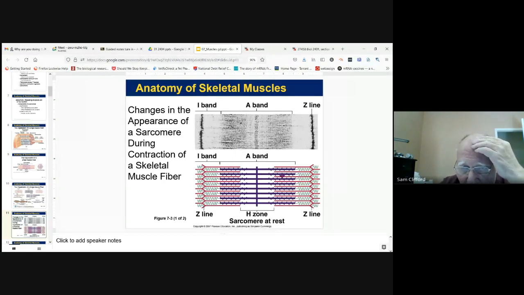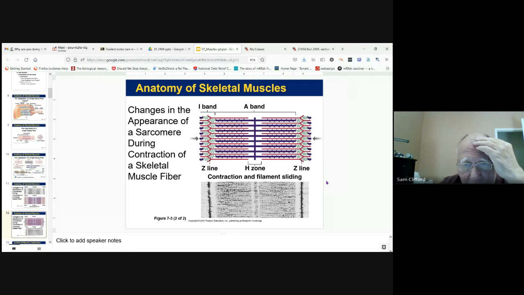So you can see that, again, the direction of these myosin heads points away from the H zone and away from the M line. So this is relaxed muscle. You can see that the distance of each sarcomere is stretched out. The I band is very obvious. If we look at the next picture, we can have contraction.